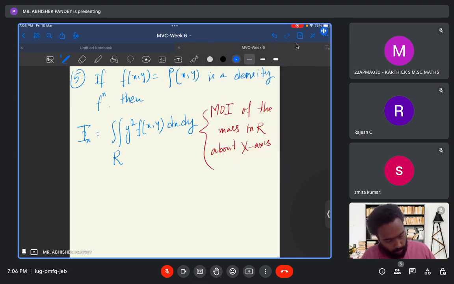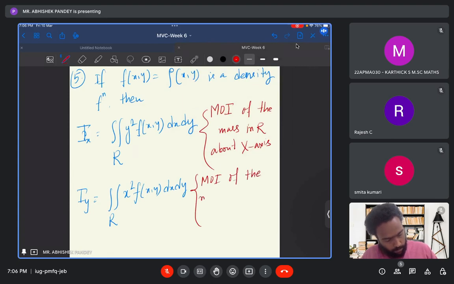And this integral Iy, the integral over R of x square f of x y dx dy, is the moment of inertia of the mass in R about the y-axis. I hope this is clear.